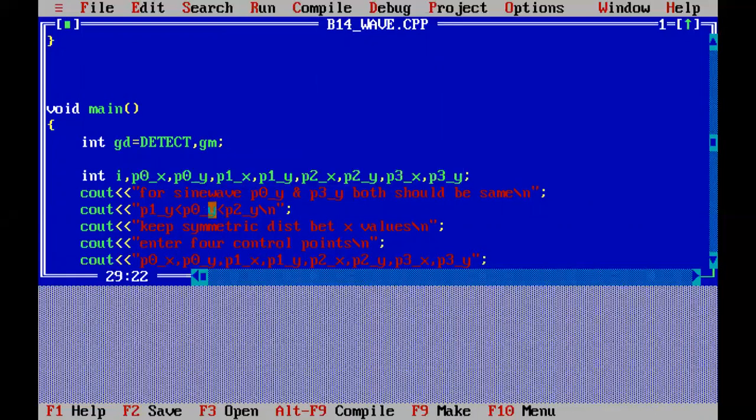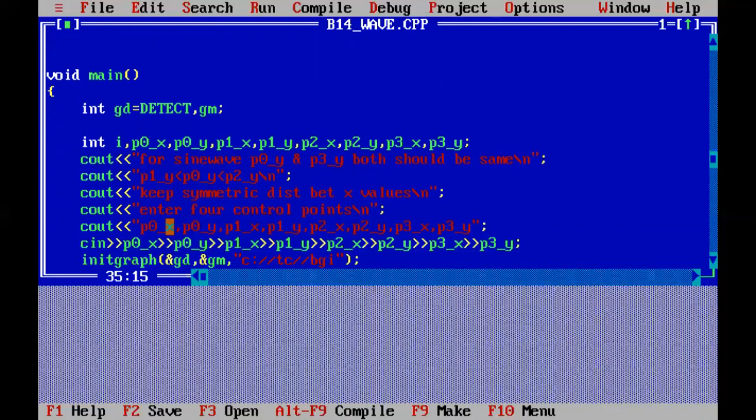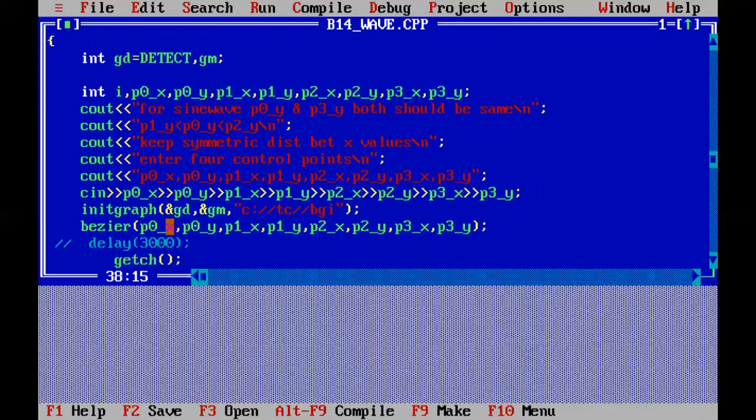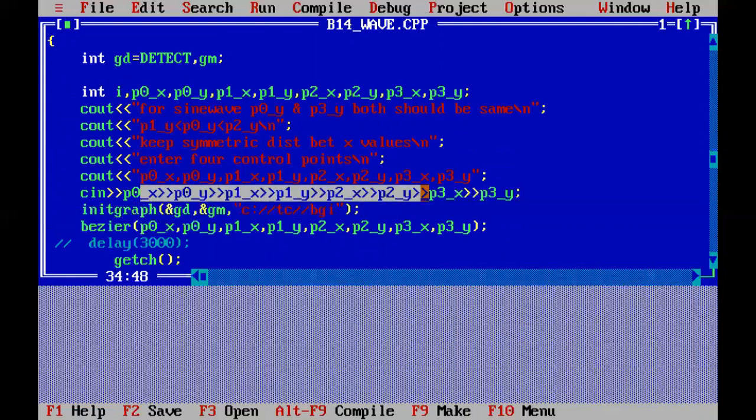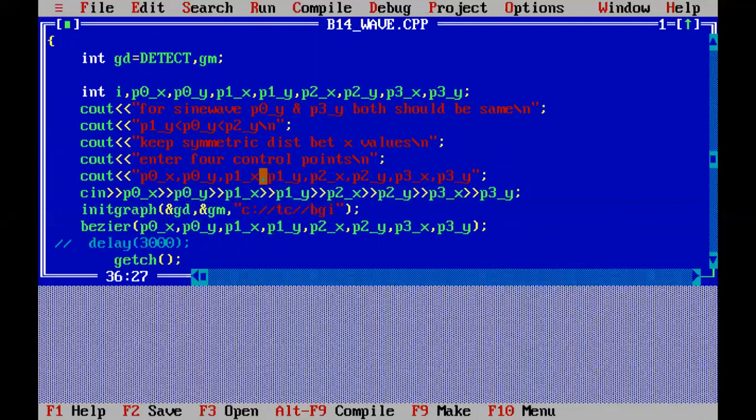Here I have written some instructions to draw the sine wave. We are taking the input from the user, that is P0x, P0y, P1x, P1y, P2x, P2y, P3x, P3y, and calling the Bezier function here and passing all these control points. After passing the control points, control goes to the function after the function call.